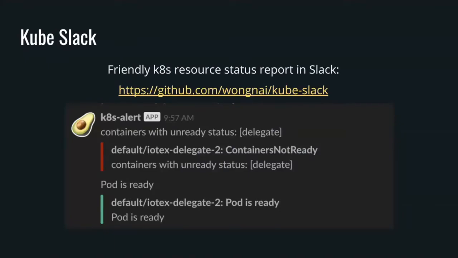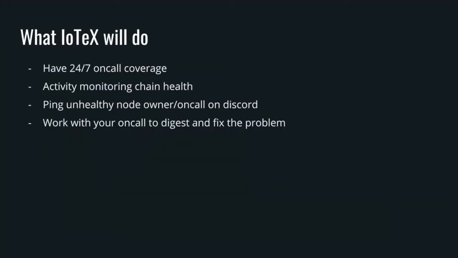That's pretty much the tools we use for our operation. What we do on our end, as I said, is 24/7 on-call coverage. We actively monitor the chain health through the Grafana dashboard we have and through the alerts we created, and it will eventually go to PagerDuty if something goes wrong.